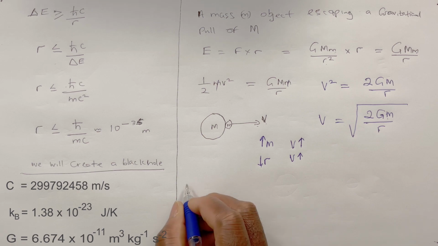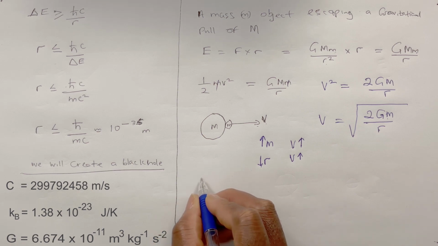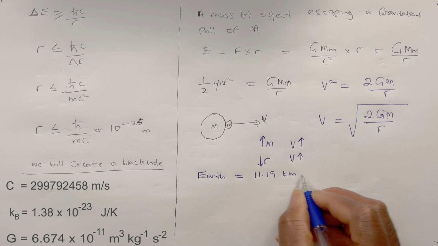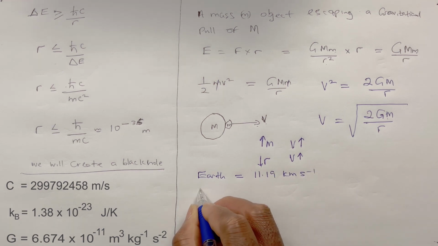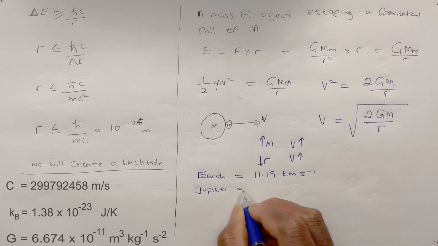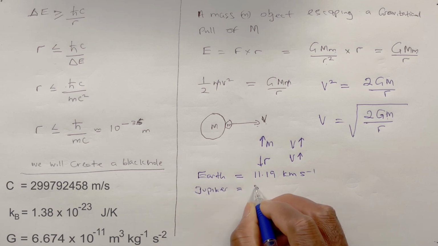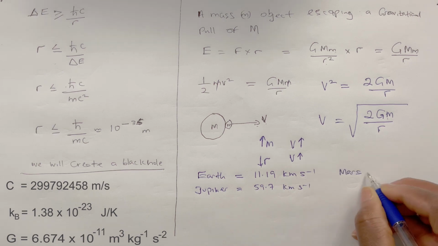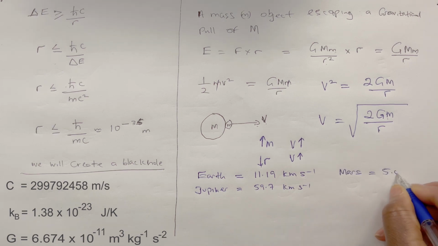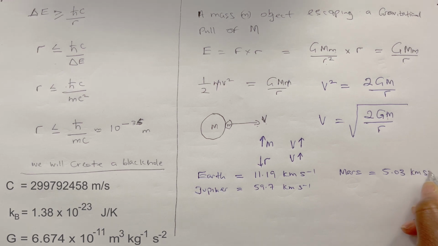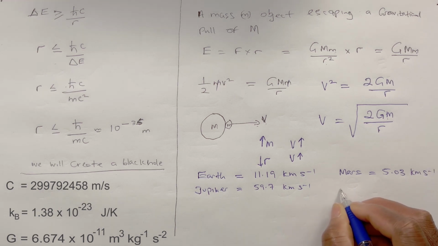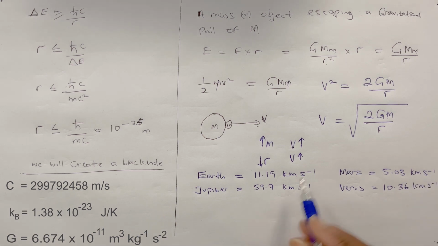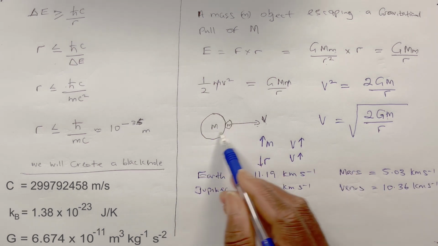The escape velocity for an object on Earth is about 11.19 kilometers per second. For Jupiter, it will be about 59.7 kilometers per second. For Mars, it's about 5.03 kilometers per second. And for Venus, it's about 10.36 kilometers per second.